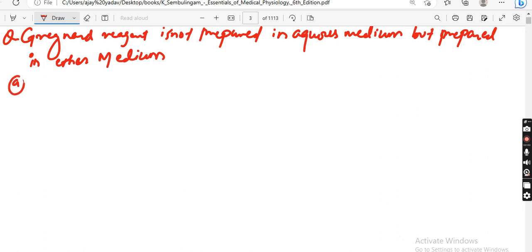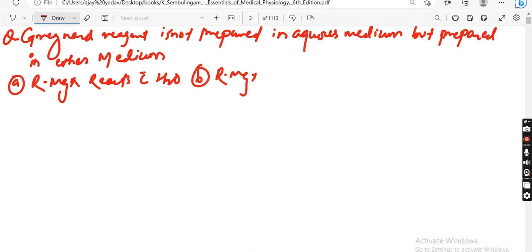Option A is that the reagent RMgX reacts with water. Option B says the reagent RMgX becomes inactive in water.